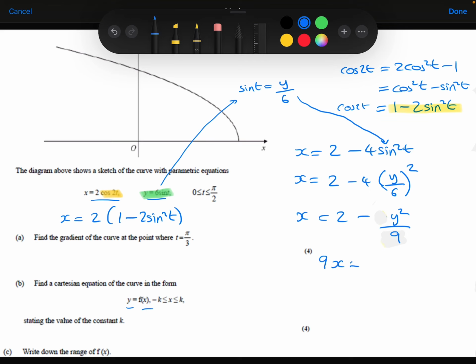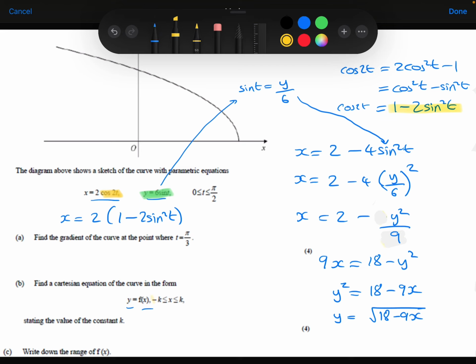So 9x is equal to 18 minus y squared. I do want to make y the subject. So let's move the y squared over to the left-hand side and the 9x to the right-hand side, and then square root to get that y is the square root of 18 minus 9x. So that is the Cartesian equation of the curve.